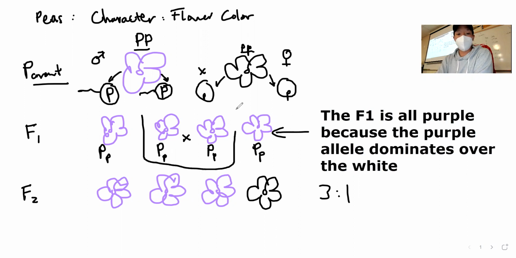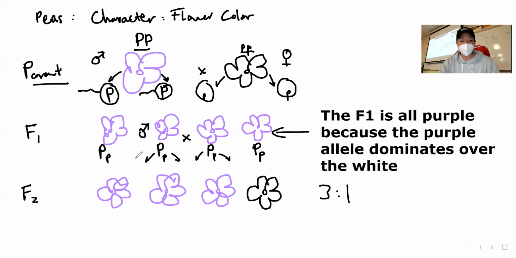Mendel takes these two and mates them together to get the F2 offspring. And we're going to do exactly the same thing that we did with the first generation. We're going to take these two letters and we're going to split them. Okay, and this is where I'm going to run out of room a little bit. Hopefully you guys will do okay with this. So this one, let's say this is the male, and it's making the sperm. This time, half the sperm will have a big P, and half the sperm will be what?